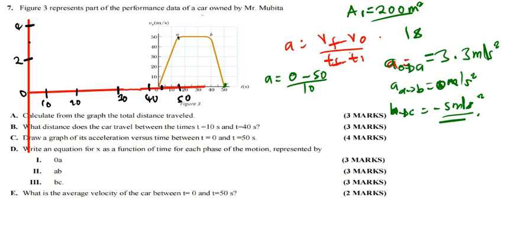So when it comes to acceleration, the graph is a bit different. Here I'll go further and say this is -2. I use a visible color. This is -2, then this is -4, then I'll go further and say this is -6.